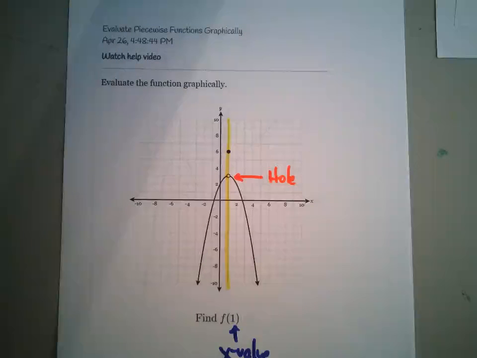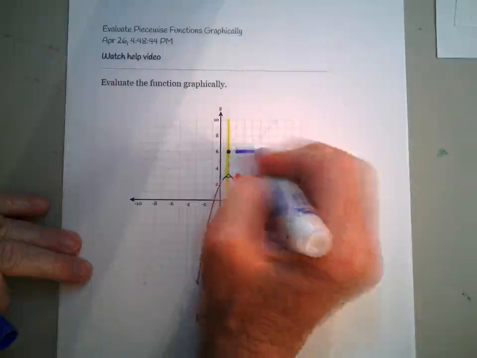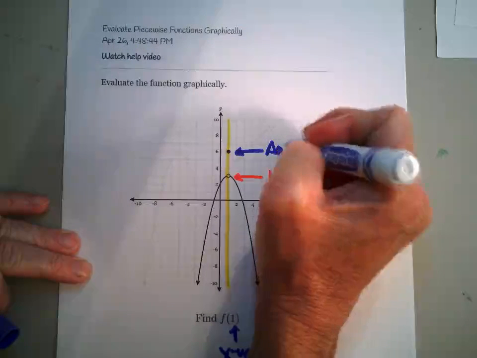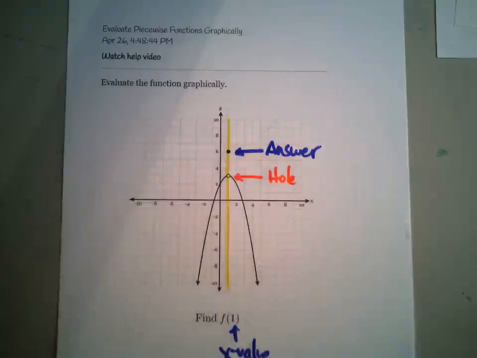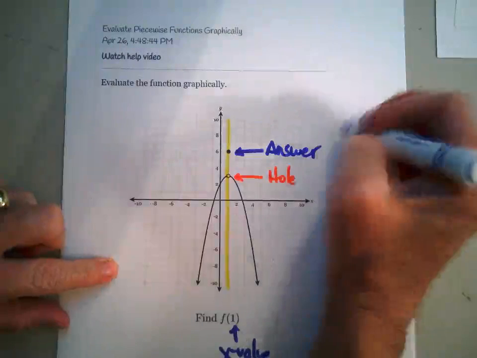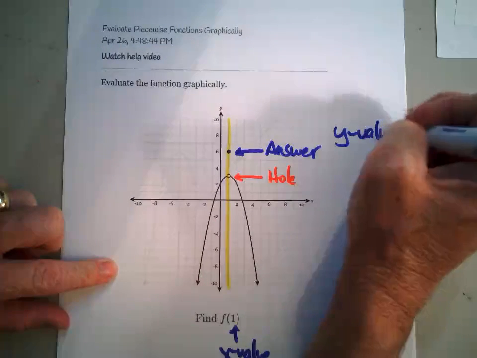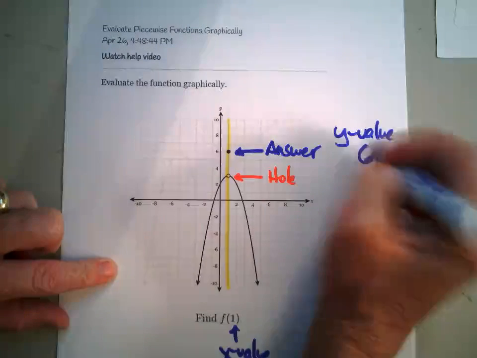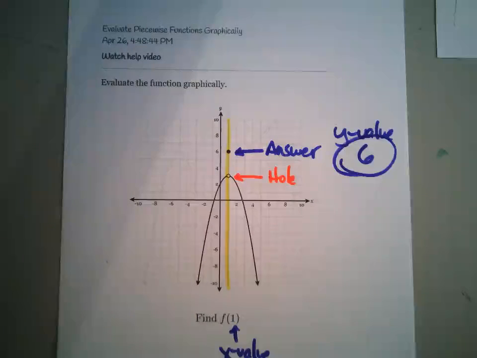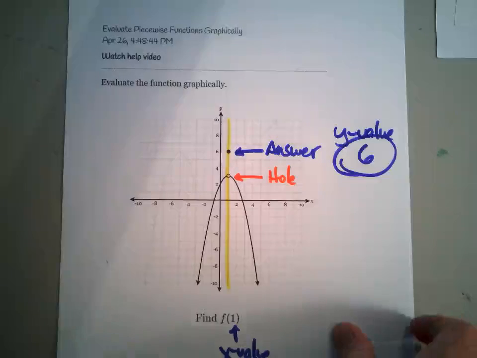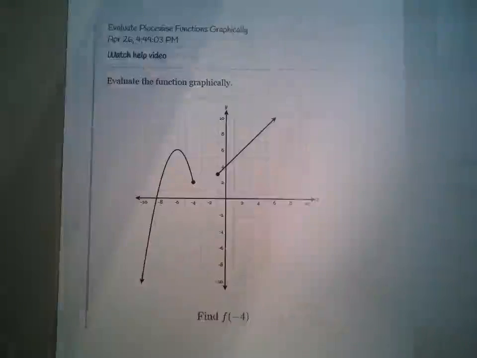So the graph does not exist there. Our answer is actually right here. And so what is that y value? That y value, if you look right here, is 6. All right, yes, it's as simple as reading the graph.